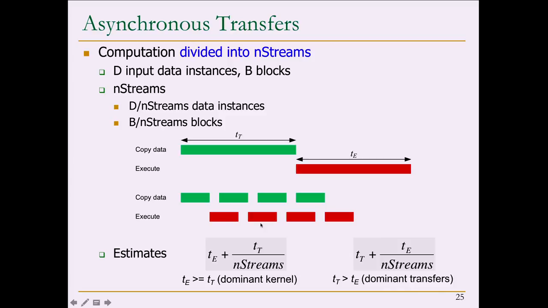So for example, in this expression here on the left, we assume that the execution time of the kernel is greater than the transfer time. So in that case, we will see the execution time plus the total transfer time divided by the number of streams that we are using. That's more or less what you see in this figure.